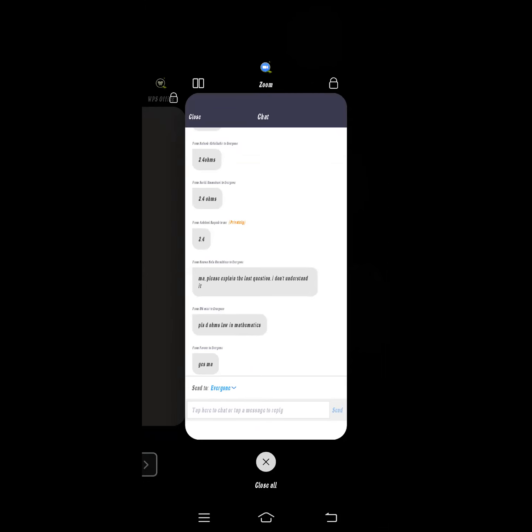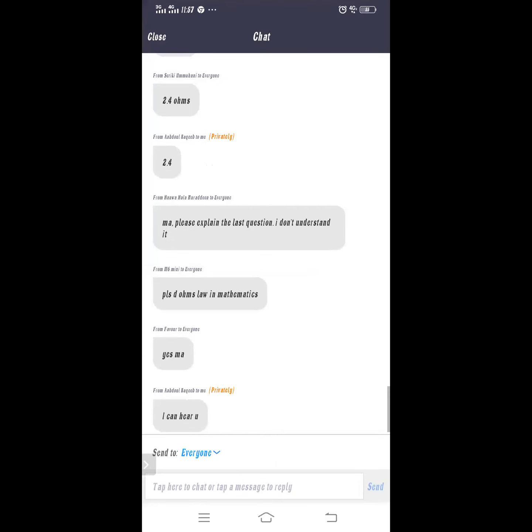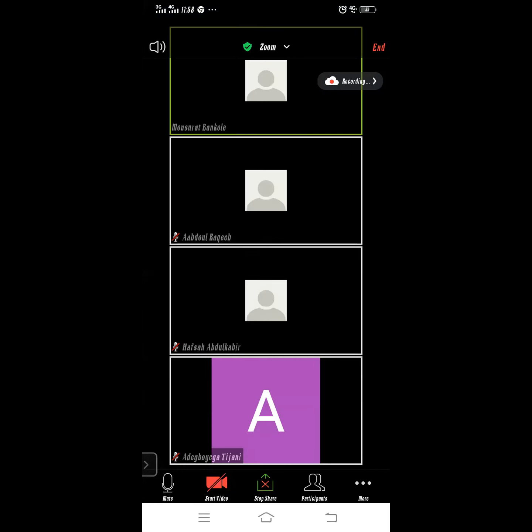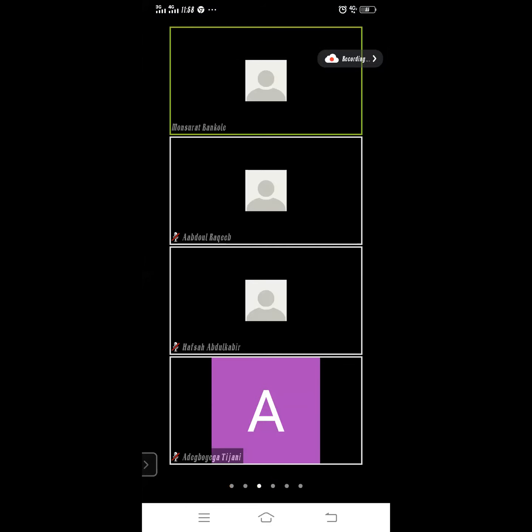For the last question, we were given a voltage of 12 volts and a current of 5 amperes. So we just did 12 divided by 5. So that's 2.4. So guys, any questions before we round up with the class?